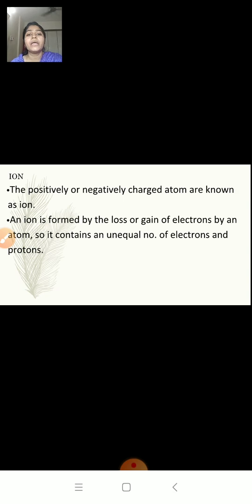Is it clear? Now if an atom loses an electron, what will happen? It will have fewer electrons and more protons. So the atom becomes positively charged. Okay, if an atom accepts or gains an electron, what will happen? It will have more electrons and fewer protons. So the atom becomes negatively charged.